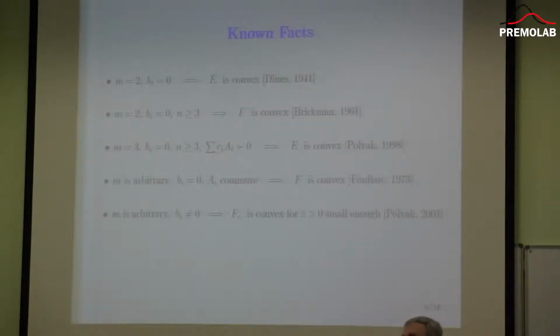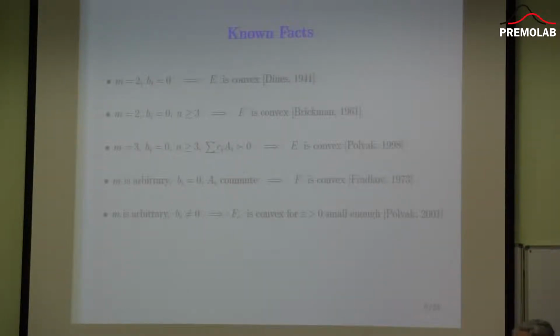Actually, it can be easily understood why, because roughly speaking, for small epsilon, the main part of our transformation is linear. The quadratic term is just some small addition to the linear map.